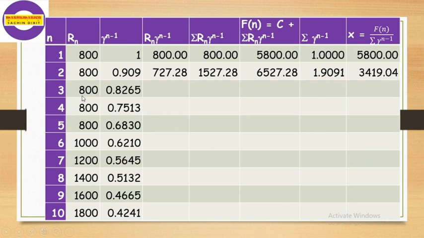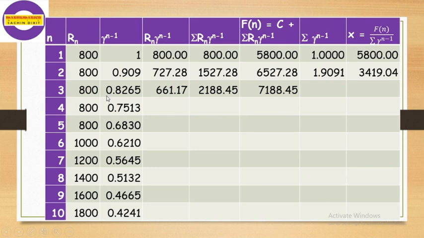Similarly, we count for the third year. We multiply this 800 by 0.8265, which is the value of gamma square. The multiplication is 661.17. We add this value to 1527.28, and we get 2188.45. Then we add the cost of the machine, 5000, and we get 7188.45.